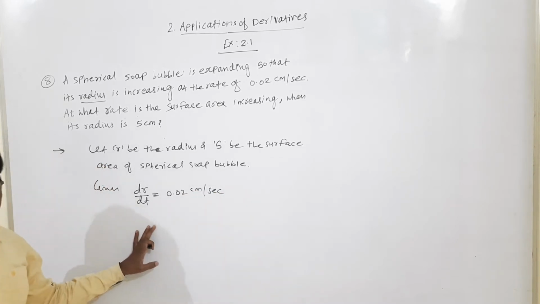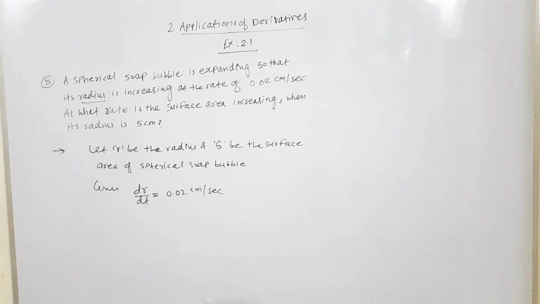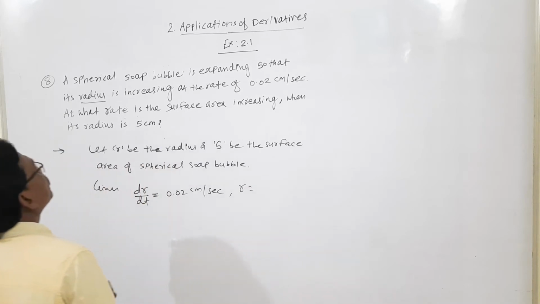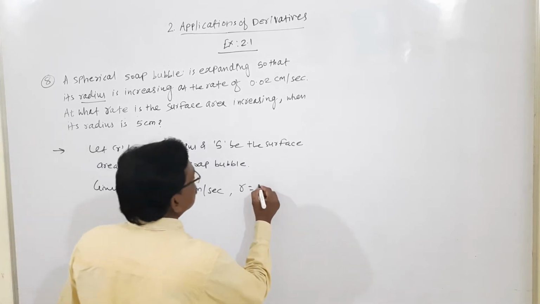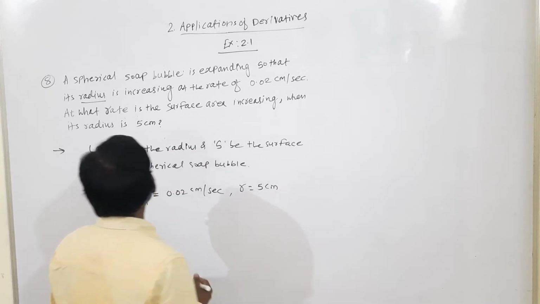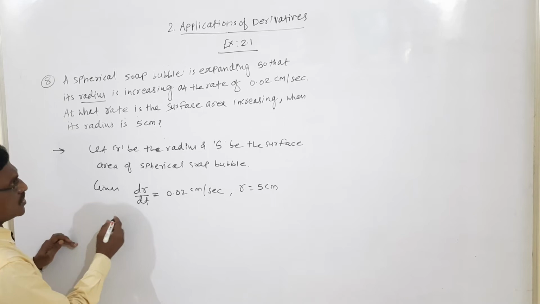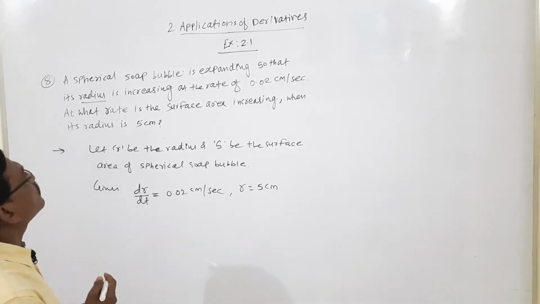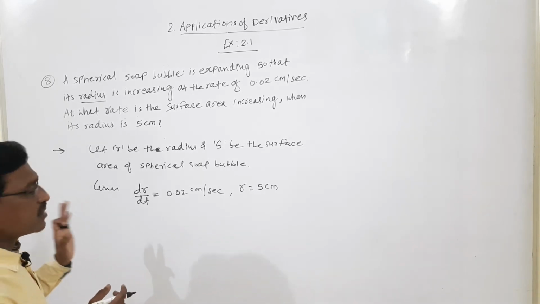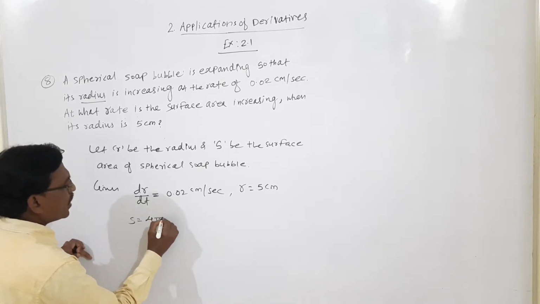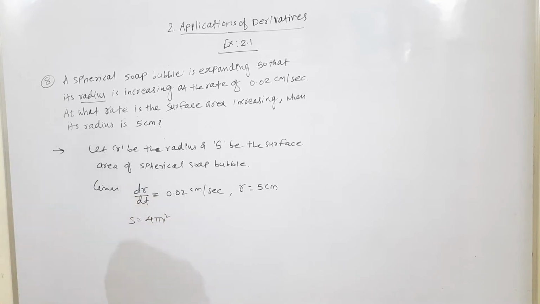Also the radius of this soap bubble is given as 5 centimeter. Now we know that the surface area of the sphere is s equal to 4 pi r square.